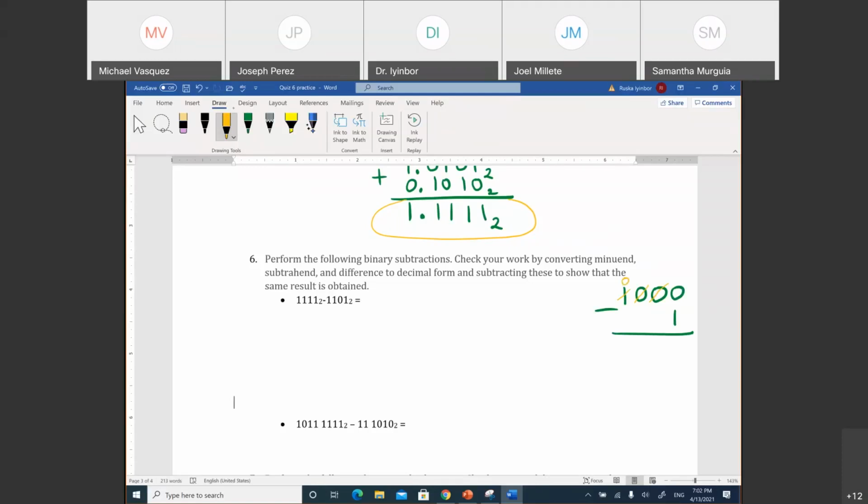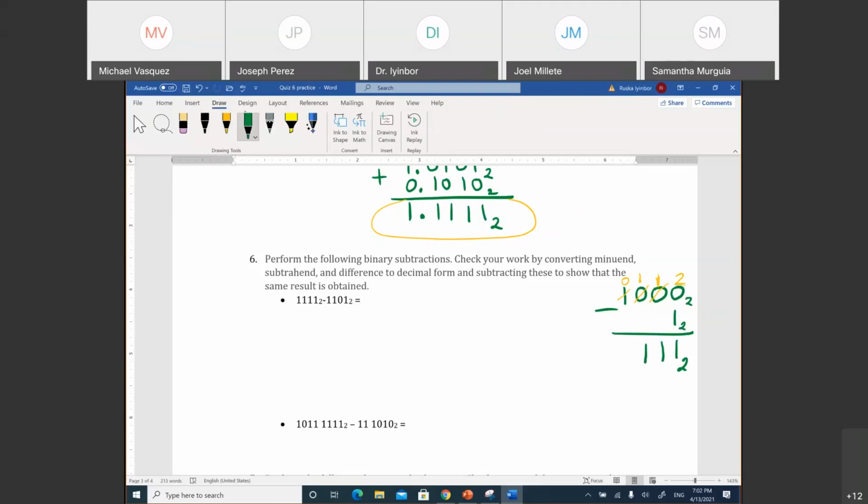Now the next 0 becomes 1, 1, and this becomes 2. Remember, that's how I explained to you. You use these 2. And then you do the subtraction. So 2 minus 1 is 1, and then you bring down the other one, and you bring down the other one. So this is how you subtract when you need to borrow. Okay? So that's the rule you're going to use.